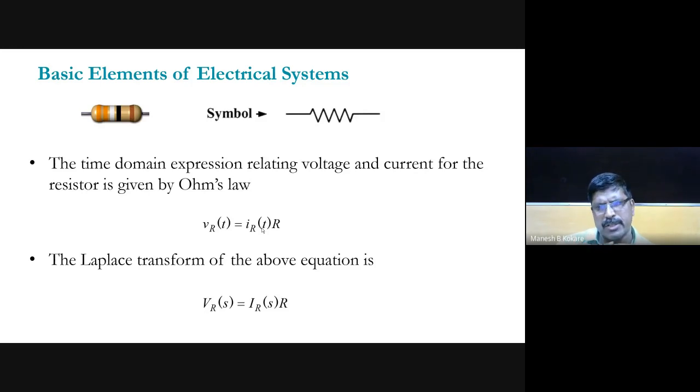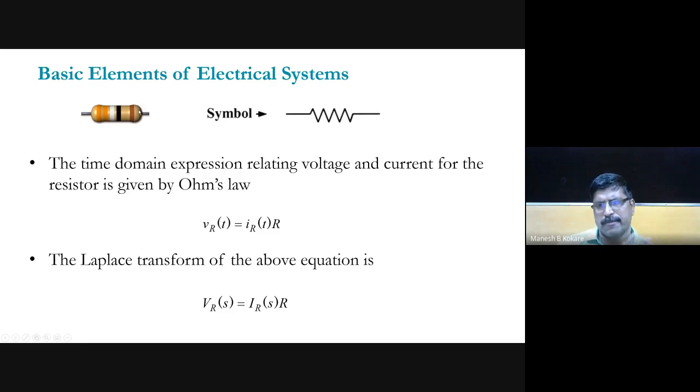Diodes and transistors are basically logarithmic devices, whereas resistance, capacitor, and inductor are not logarithmic devices. First we'll try to understand the individual mathematical model of the resistance, of the inductor, of the capacitor, and so on.